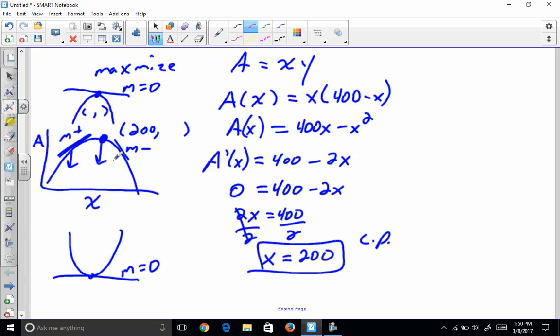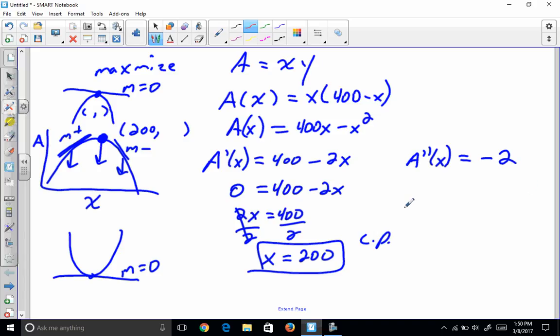If it's concave down, if our bowl is upside down, then that critical point is a maximum. So let's do it that way. Let's take our second derivative. The derivative of this is 0 minus the derivative of this is 2.